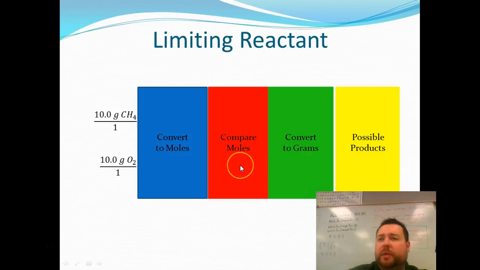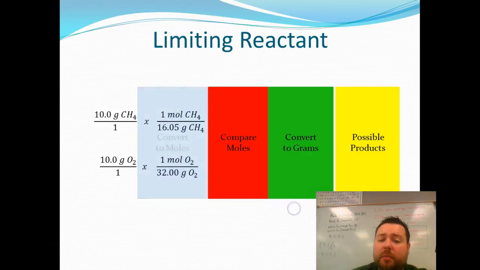All I have to do is pick a product and I can convert to that. Just like on that map, that diagram that I'd given you, we could take that 10 grams of CH4 and that 10 grams of oxygen, and convert those out of grams and into moles. What I have here is the formula weight, or the molar mass, of methane.